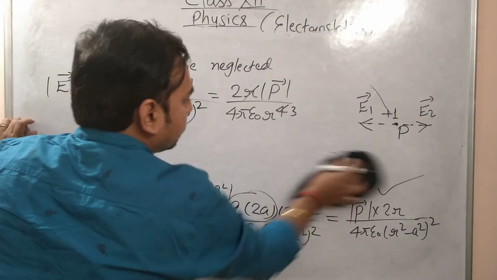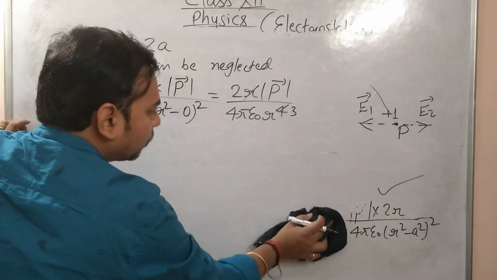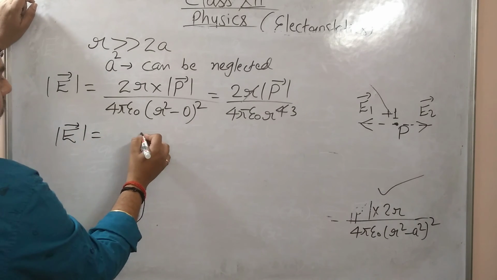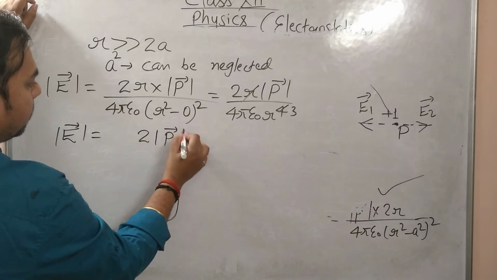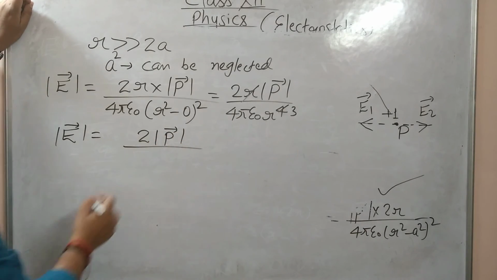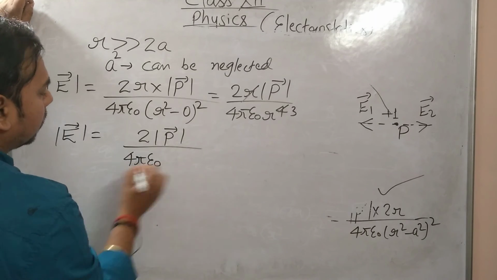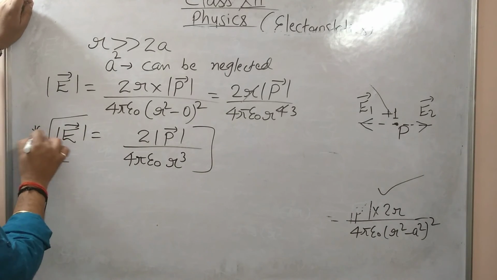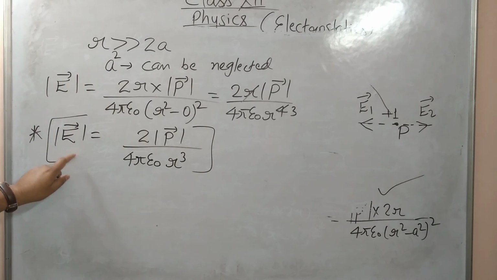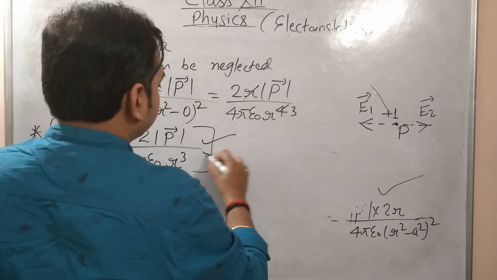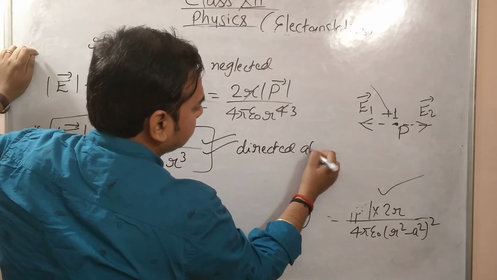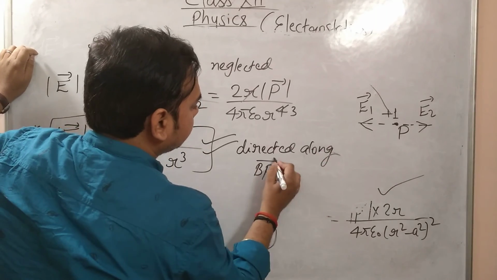So we will get the final result: 2 times the magnitude of dipole moment over 4 pi epsilon naught R cube. This is the magnitude of the electric field intensity, and it is directed along BP.